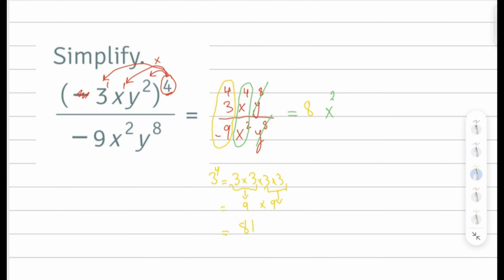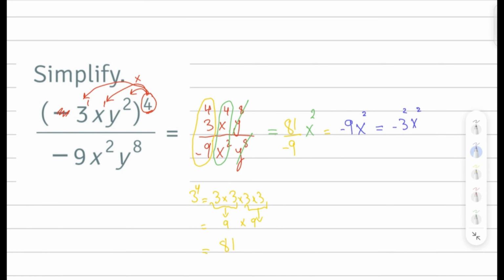So we're going to have 81 divided by negative 9. We can simplify it more. 81 divided by negative 9 is negative 9x squared. That's it. And if the question asks us to write it in the exponent form, we can write this as negative 3 squared times x squared.